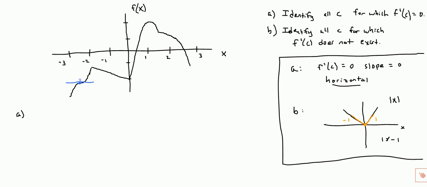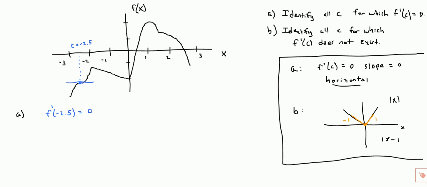That means that f prime at this point is 0. And if we drop down to the x-axis, we can see that that's C equals -2.5. Okay? So f prime of -2.5 equals 0 because the tangent is horizontal here.